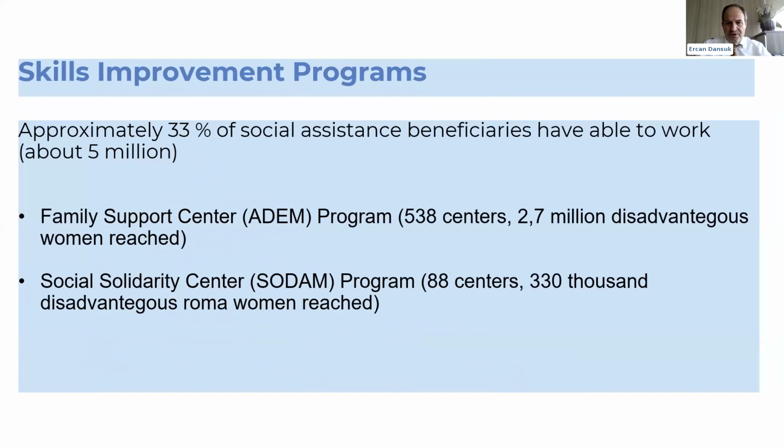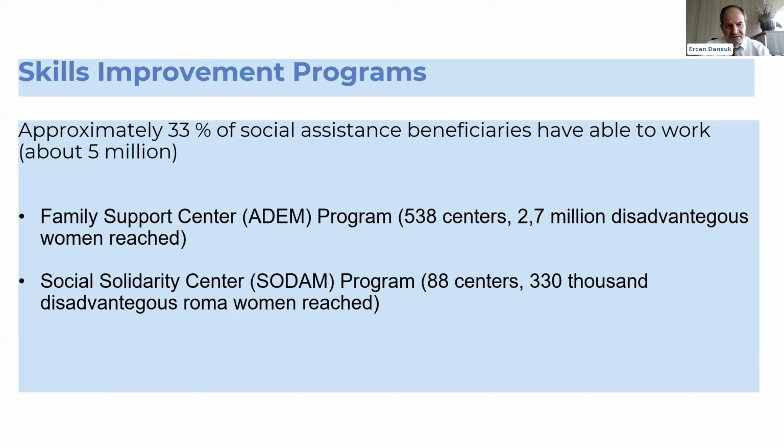When we look at our beneficiaries' characteristics, we see that one third of the beneficiaries can work and can get income if we support them. So we have two main centers, the family support centers and the social solidarity centers.